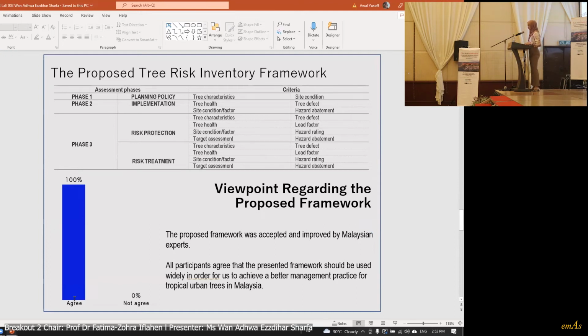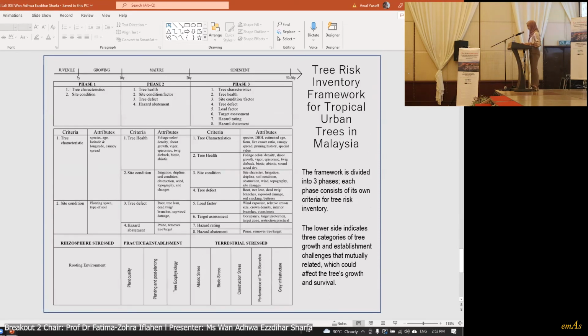The proposed framework was accepted and improved by all of them. They also agreed that the presented framework should be used widely in order for us to achieve better management practice for tropical urban trees in Malaysia. After analyzing all the findings, the framework was then improved. So this is the new framework.